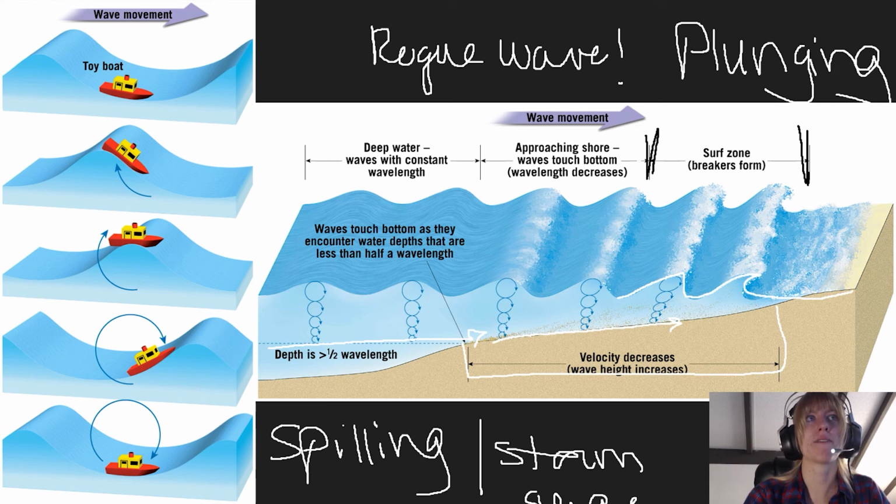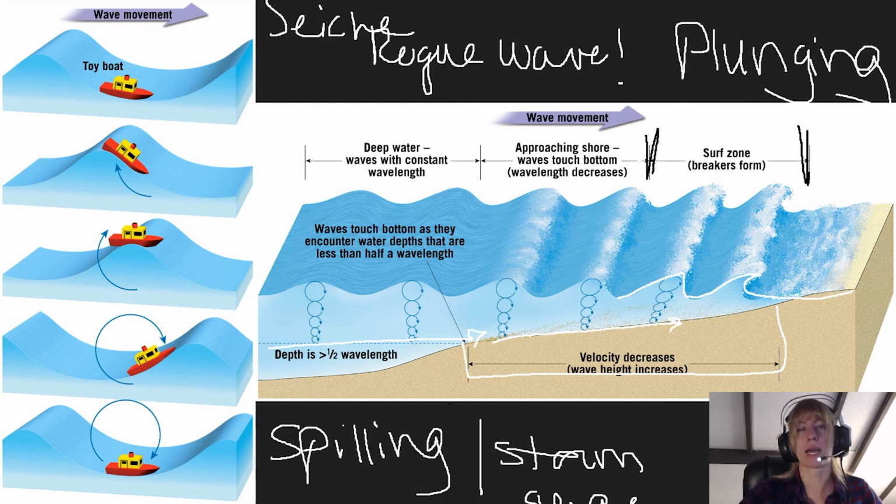And then we have the seiche. So seiches are long waves that occur in lakes or sometimes in an ocean basin that slosh back and forth. This is known as a standing wave, and it essentially just goes back and forth and back and forth.